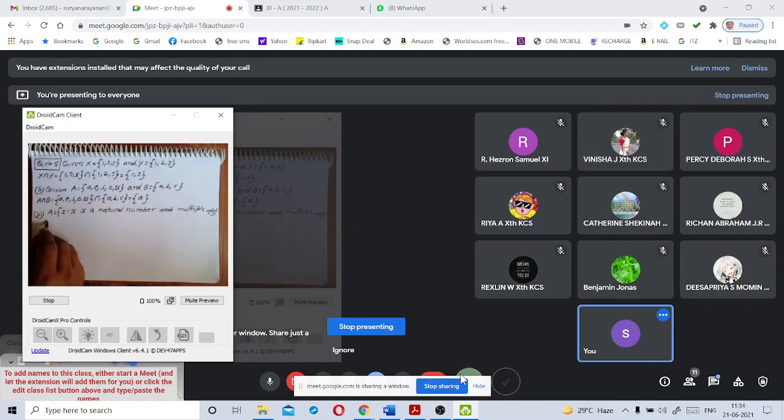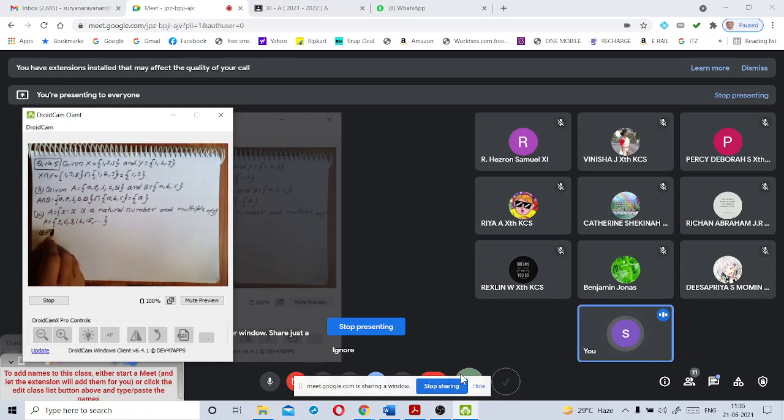Just I am writing this set in the roster form. What are the multiples of 3? 3, 6, 9, 12, 15, and so on. Okay, this is an infinite set.